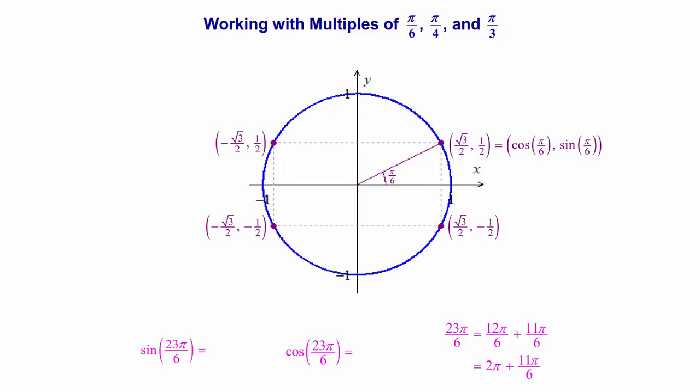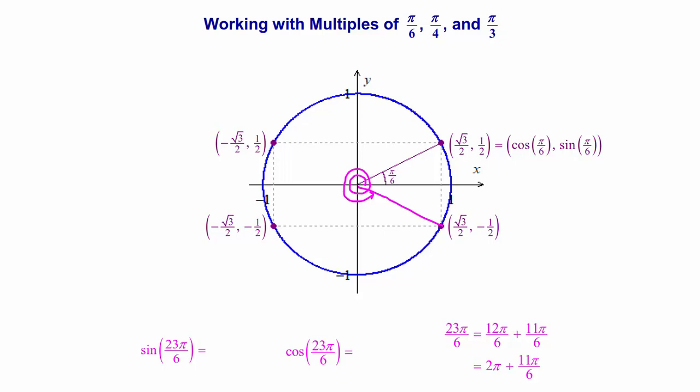So it's 2 pi plus 11 pi over 6. 2 pi is one full revolution, so we'll go around once and then finish it off with an 11 pi over 6 rotation. So we have one full revolution, and now we go around 11 pi over 6, which is almost a full revolution, but we end here in quadrant 4.